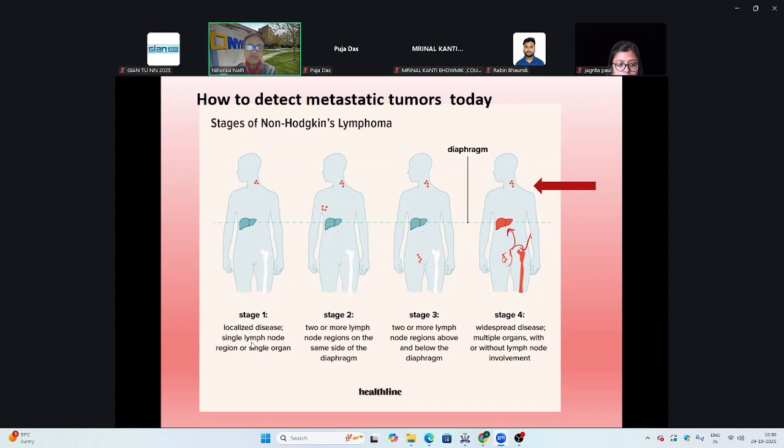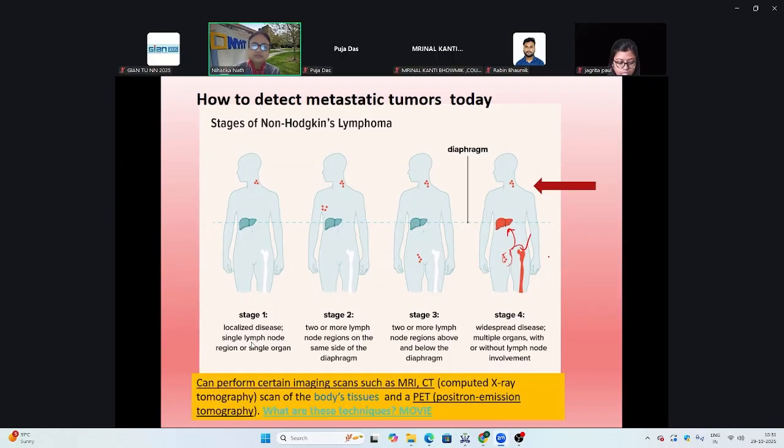So the cells, they are able to travel because the lymph and the blood vessels are kind of very close together. And so then it leads to widespread, and so that would be your stage four. So that would be non-Hodgkin's lymphoma, which has a survival rate about 65 to 70%.